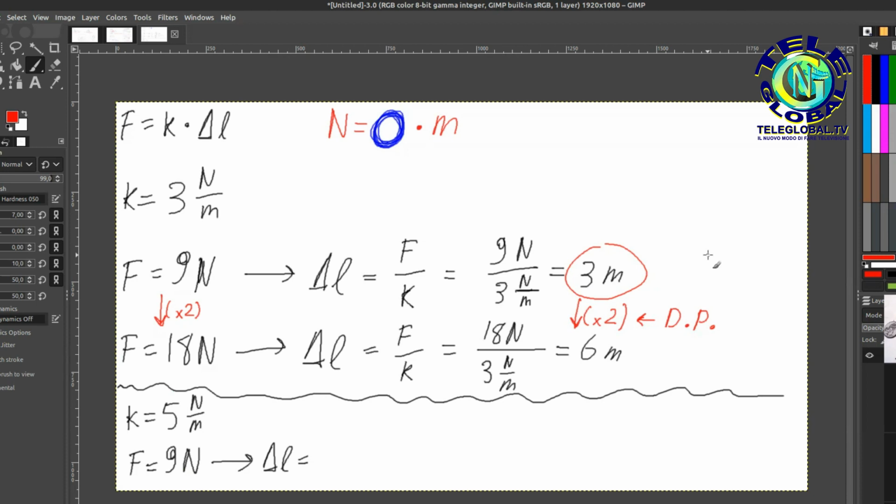I think it's going to be less than 3, less than what we did before. Exactly. So we have still 9 Newton, but over 5. Should be 1.8.